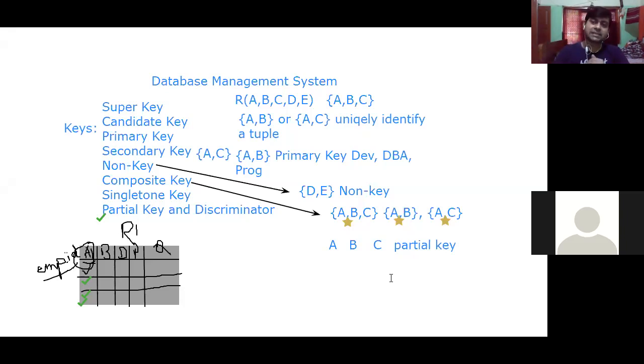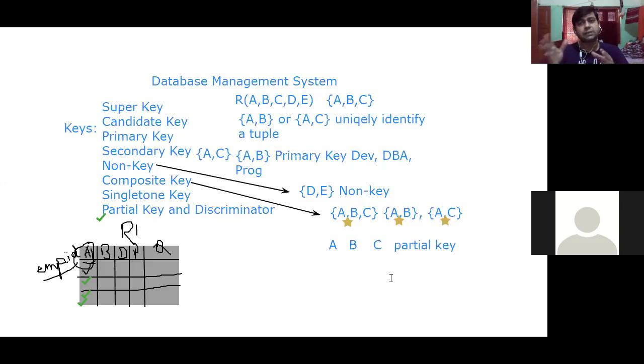So the dependent's name is a kind of discriminator, because it cannot be used for uniquely identifying a particular record. It is only a part of the primary key of that weak entity.